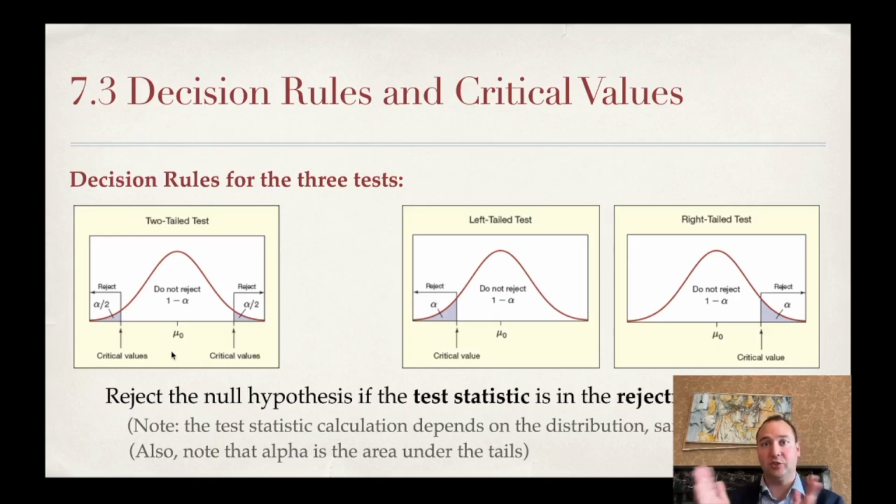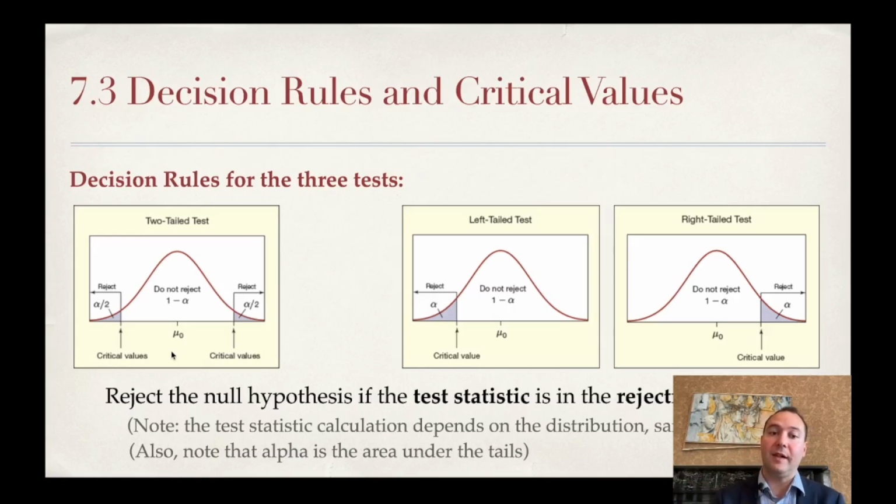It doesn't matter which direction. However, using a left-tailed test, that means we're only concerned if our test statistic is too far below the mean. Then we would reject our null hypothesis. In a right-tailed test, we're only concerned if that test statistic is too far above the mean, then we'll reject that null hypothesis.